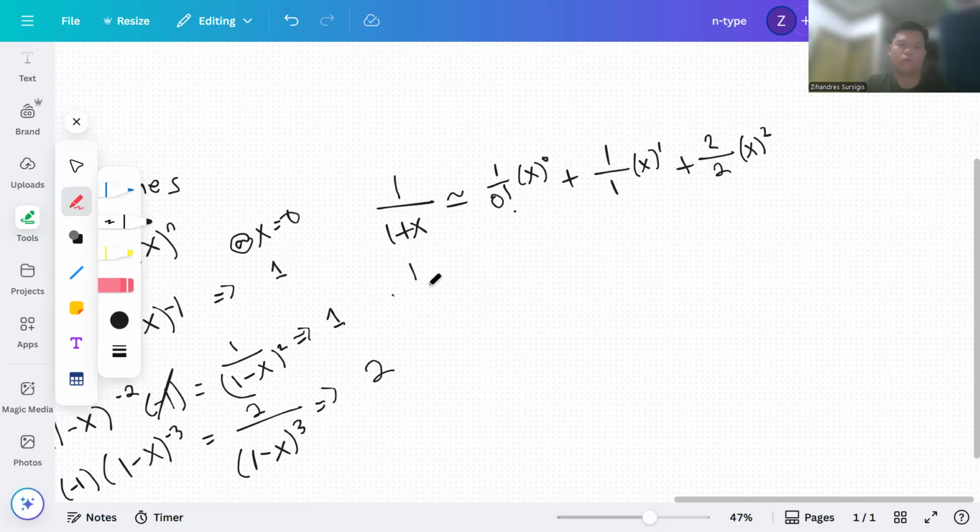So 1 over 1 minus x is approximately equal to 1 plus x plus x squared. Well, this is precise to such an extent basta yung value ng x natin is very low, kasi ilang terms lang ng series yung kinuha natin.